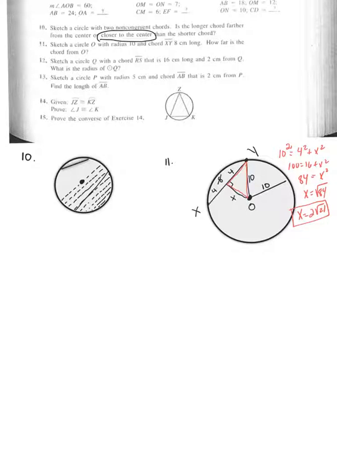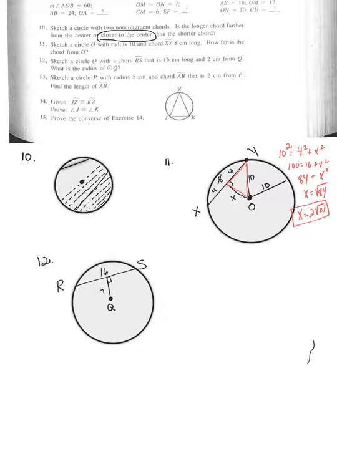Okay, let's look at 10, or 12 rather. Sketch a circle Q. This time it is a circle Q. I was looking at 12, wasn't I? Circle Q. Okay, here we go. With a chord RS that is 16 units long, and it's 2 centimeters from Q. Well, I am so off scale, but that's okay.